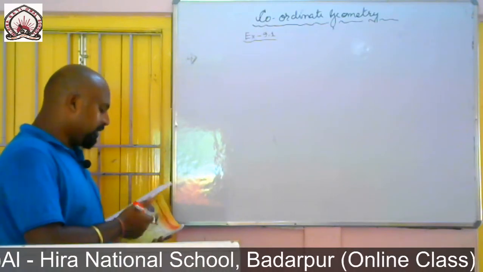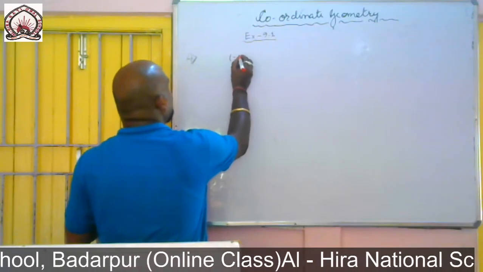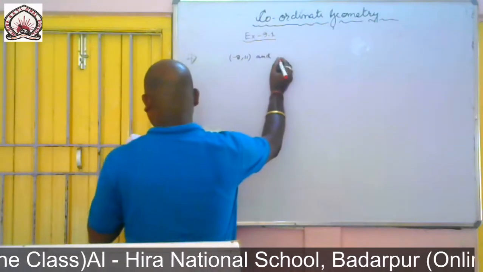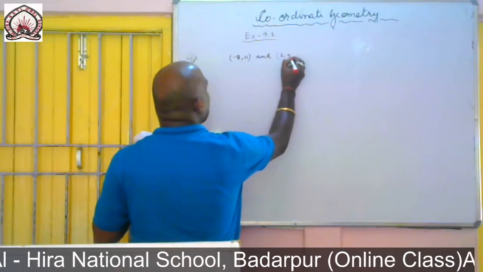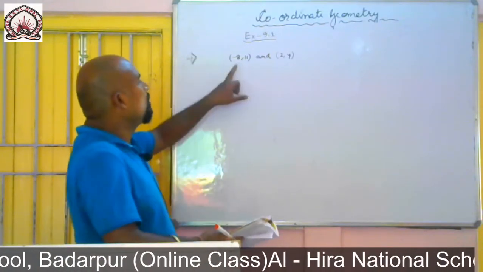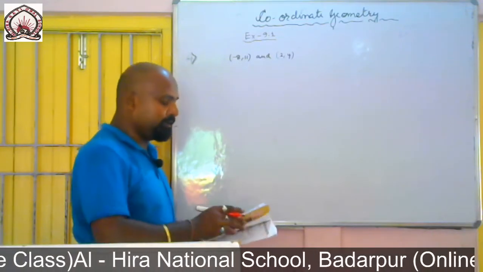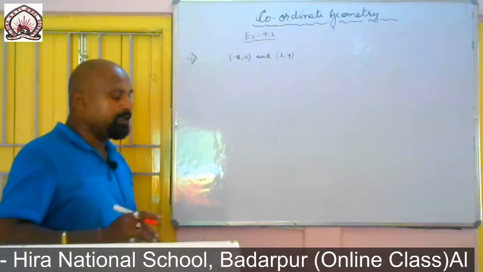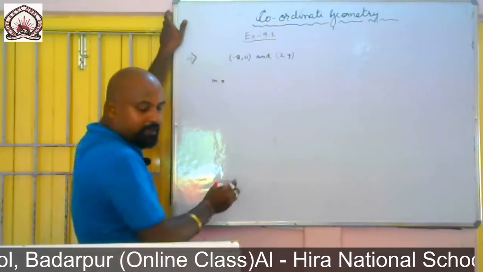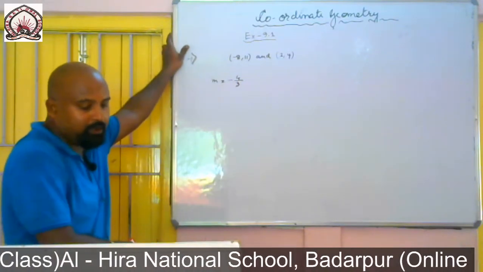The two points given to you are minus 8 comma 11 and 2 comma y, and the gradient of the line m is equal to minus 4 by 3.